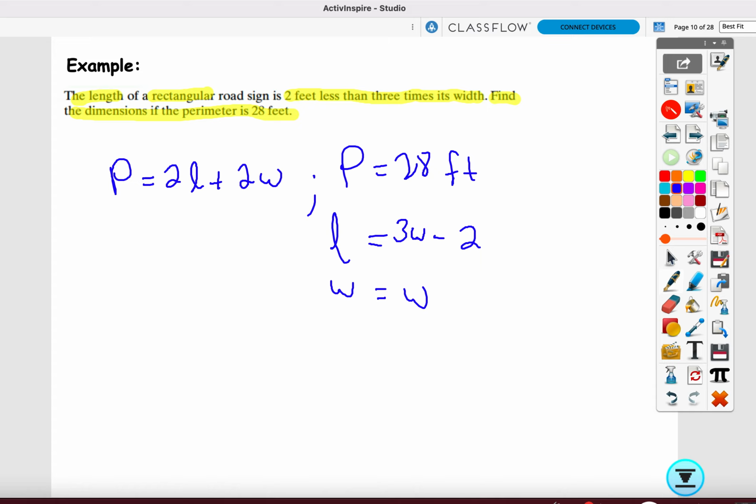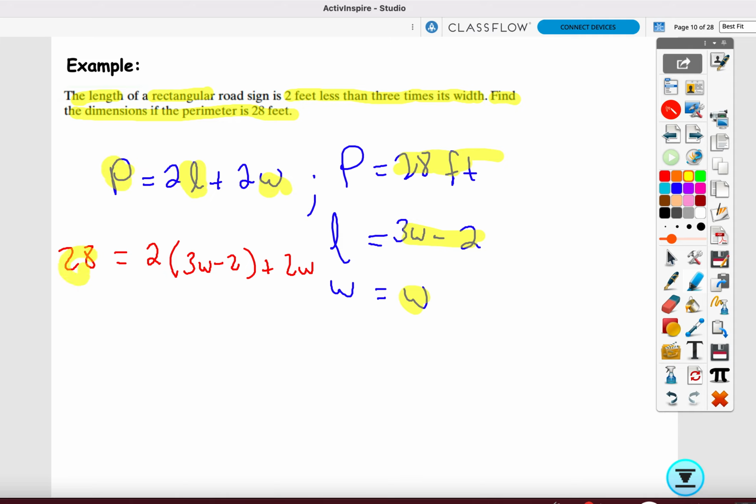Now let's plug this into the formula. P is 28, so 28 is equal to 2 parentheses 3W minus 2 plus 2W. That's the formula. We plug this in for L and this in for W, and this in for P. And that's what we have here.